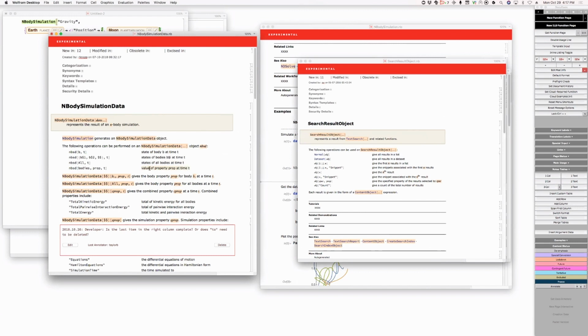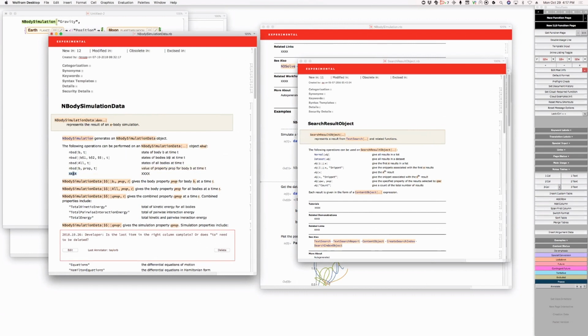Yep. Values, doesn't matter, value. Let's do body, let's do b. Mm-hmm. Value of property prop for body b, okay, at time t. And then let's do list of values, because that's what it is.